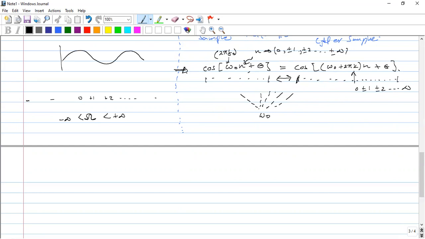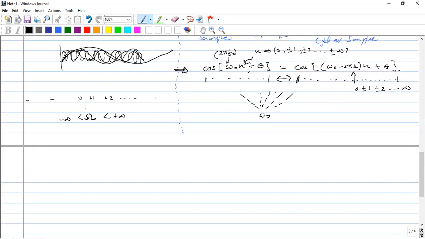If you get a higher frequency, the signal will look like this, and so on for another very high frequency, another high frequency, and another very low frequency.